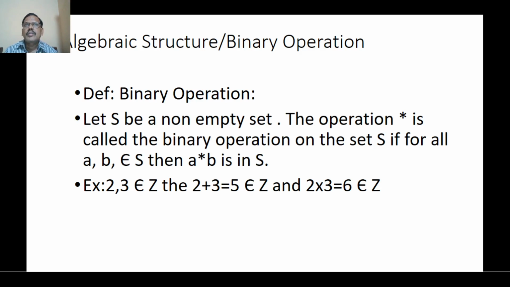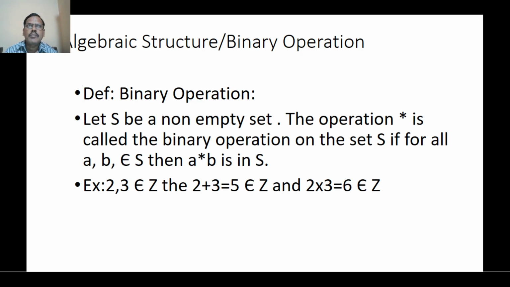If you take the product of two elements in Z, if you multiply 10 and 3, 10 one integer, 3 another integer, then we get 30. 30 is also an integer.